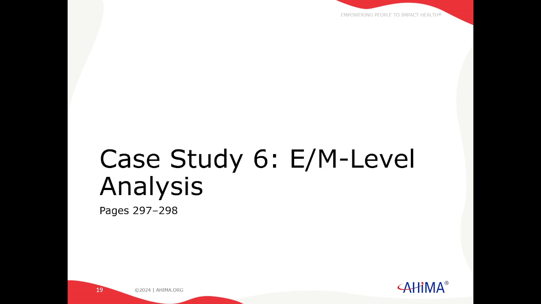So our next case study is an E&M level analysis on page 297 and 298. The distribution is compared across a medium-sized not-for-profit hospital, 2 peer facilities, and the nation. The data use a stacked bar chart to show E&M code distribution during the study.